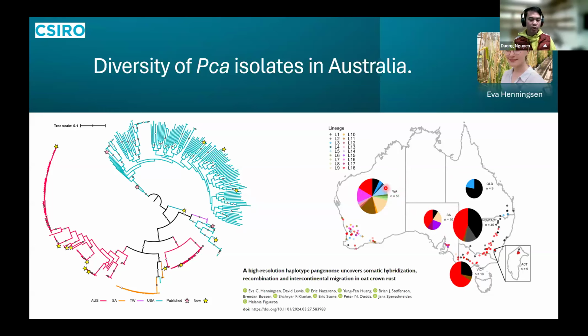However, the diversity in the genotype wasn't converting into phenotypic diversity. So in that paper, she mentioned the masking effect of one haplotype on the other haplotype in the PCA genome. If you want more information about the paper, please go online and look at that preprint.